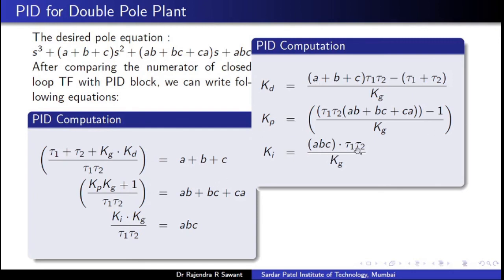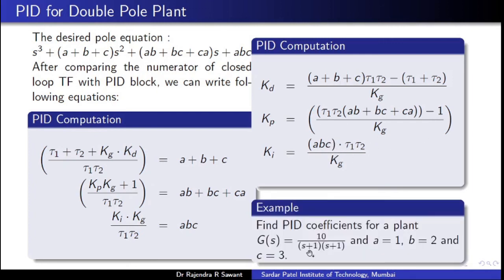If you just look at the right hand side expressions, these are all known terms, because A, B, C are the desired pole locations, tau 1 and tau 2 are basically the time constants of the given plant, and Kg is also the gain. So most of the things are known to you.